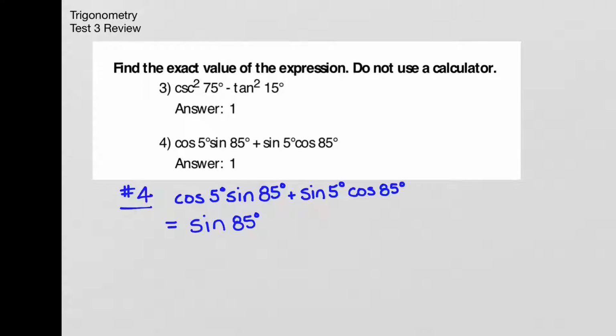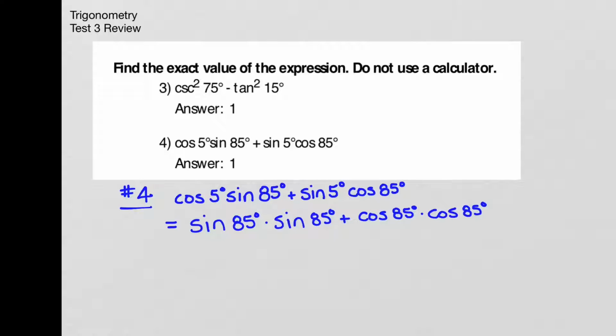So then I have sine of 85 degrees times the sine of 85 degrees plus, and then I could say sine of 5 degrees is the same thing as the cosine of 85 degrees. Why am I changing it all to 85 degrees? I just happen to like to do it that way.